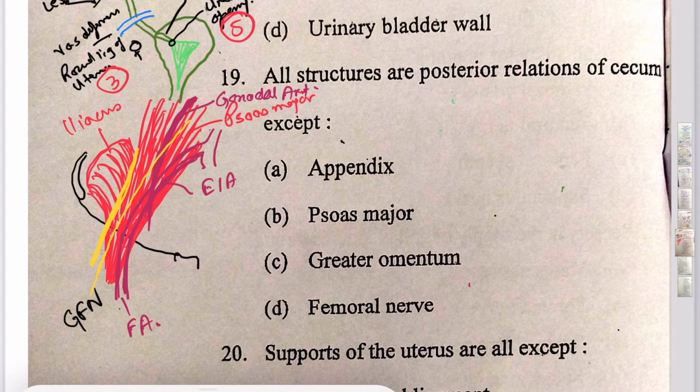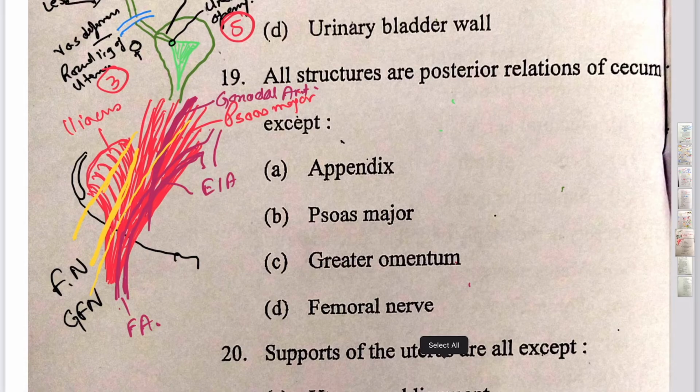So this nerve is the femoral nerve. There's one more nerve descending down over iliacus, and it crosses just in front of the anterior superior iliac spine, or below the lateral end of the inguinal ligament. This nerve is the lateral cutaneous nerve of thigh.